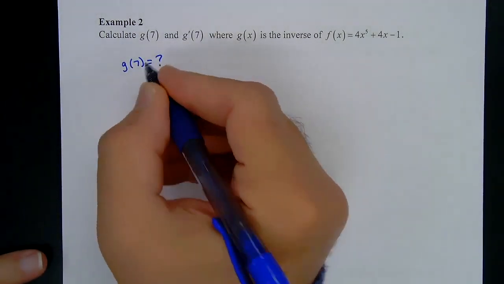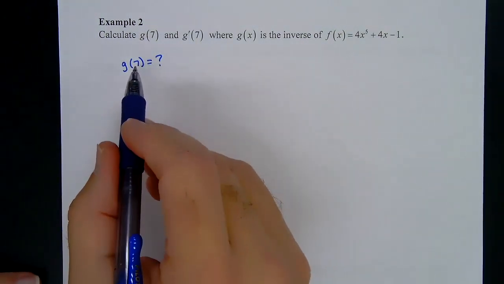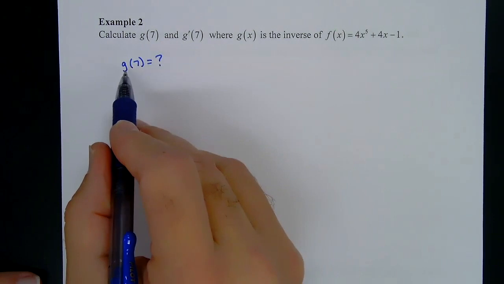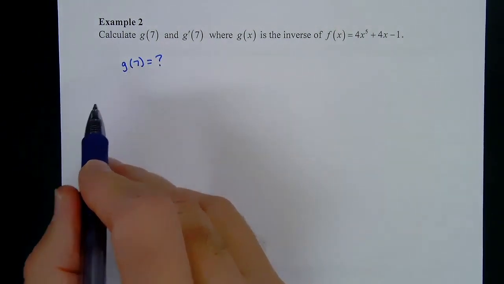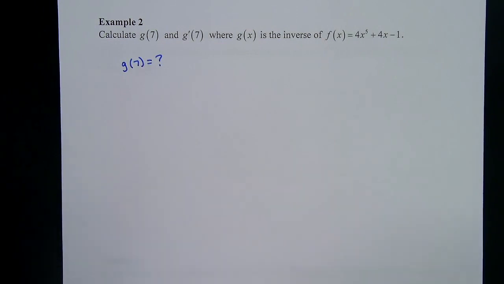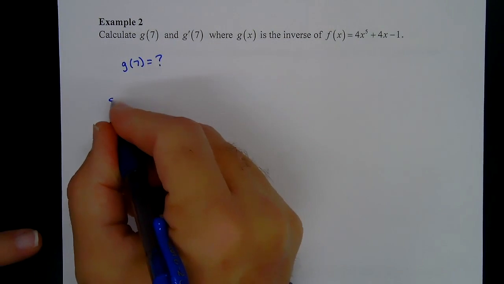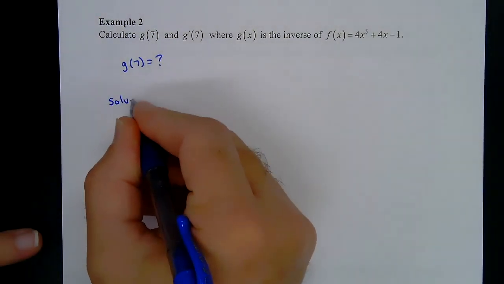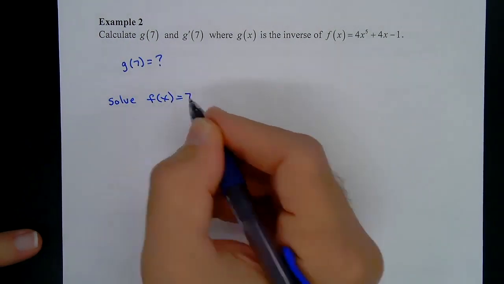Well, here's the idea. It goes from the first page, okay? 7 is an input for g, and since it's an input for g, it's an output for f, all right? So really what we need to do is solve f of x is equal to 7.